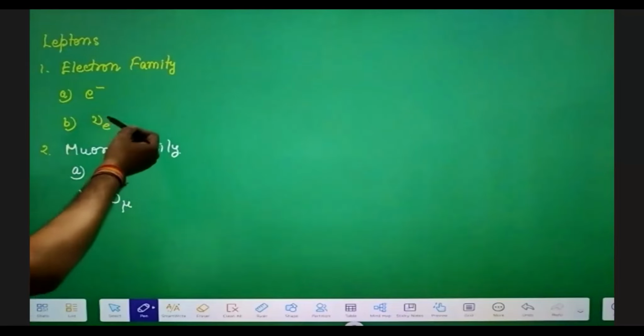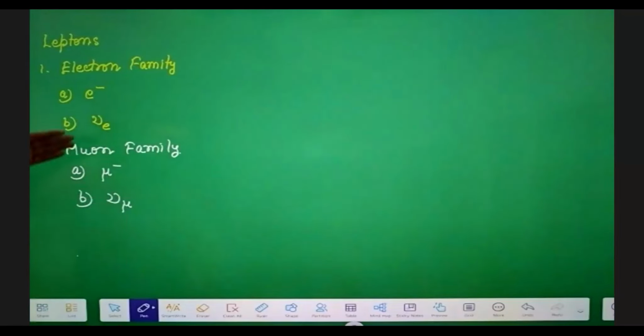Neutrinos are neutral particles. If you look at the symbol, plus and minus sign is not there. These lepton particles, electron, muon, tau, are negatively charged.